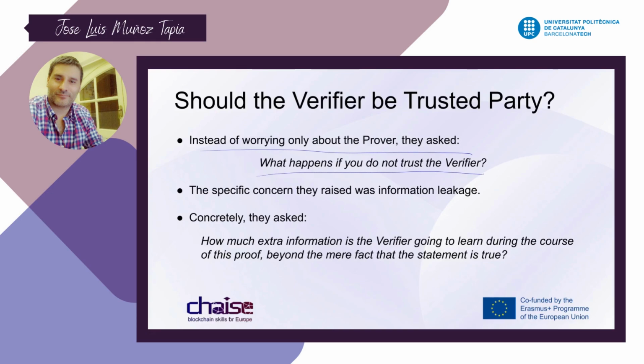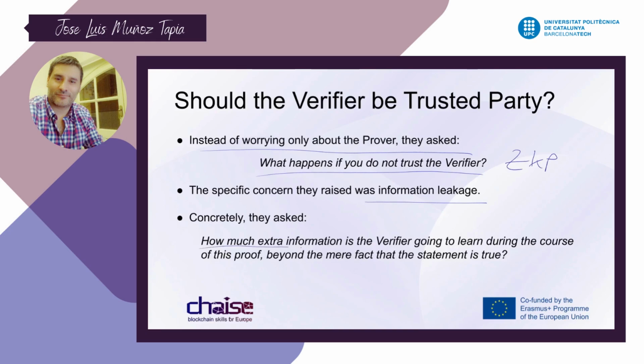And the specific concern that was raised at this moment was about information leakage. How much information do I need to leak or to provide to the verifier to check something? And this is the main question around zero-knowledge proofs, or ZKPs.